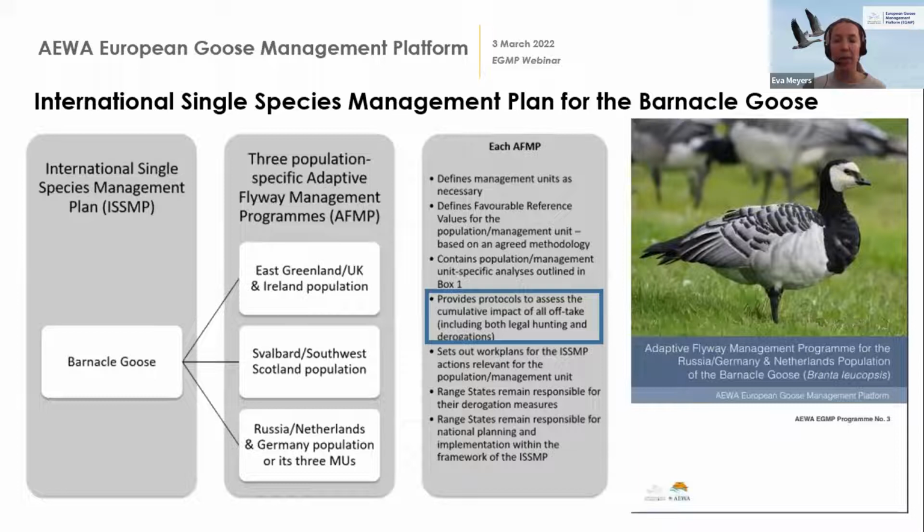Under this species management plan for the barnacle goose, a mandate was given to develop adaptive flyway management programs. Here again, this is a completely new process and mechanism that has been established under AEWA that was not there before. First of all, the concept of what an adaptive flyway management program is was agreed in the international working group.